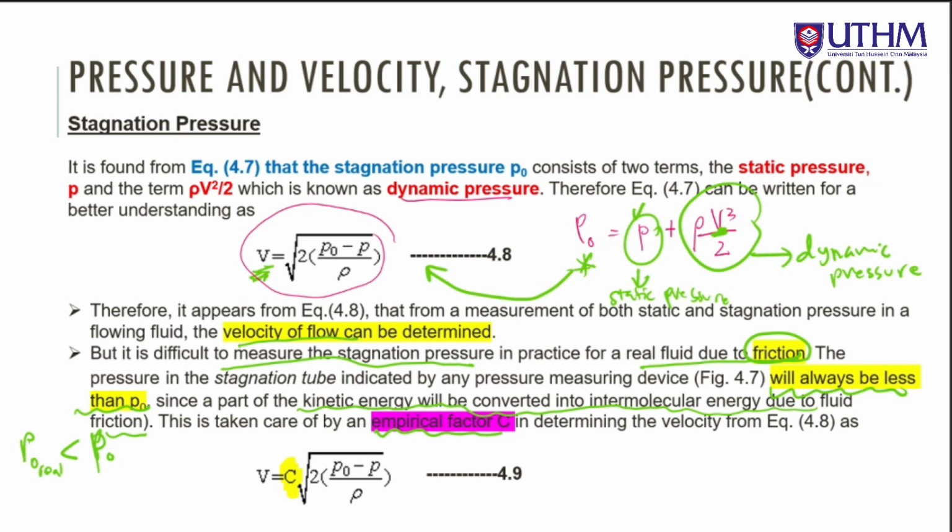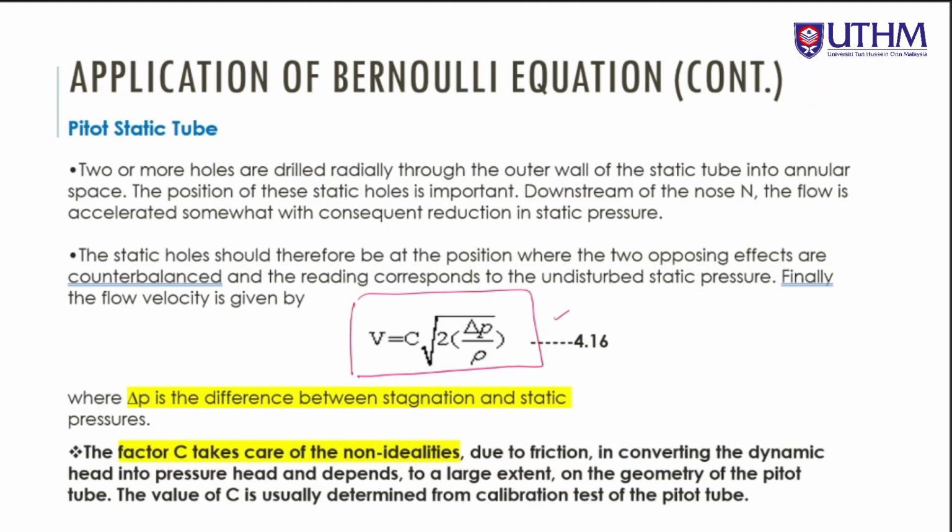So the equation is similar for this case, whereby this delta P is stagnation pressure minus P, which is the static pressure.